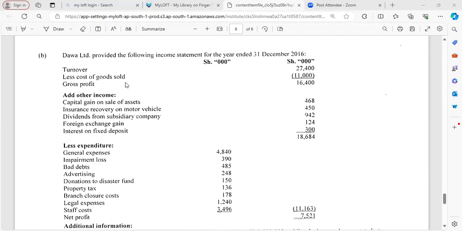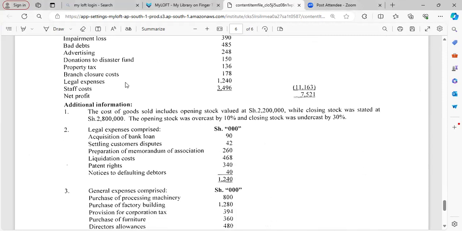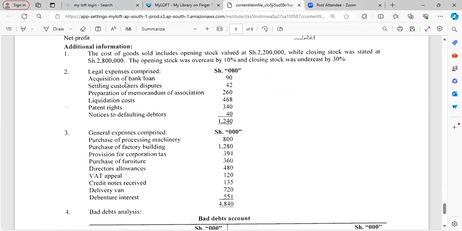Additional information. The cost of goods includes opening stock valued at shillings 2.2 million, while closing stock was stated at shillings 2.8 million. The opening stock was overcast by 10%, and the closing stock was undercast by that percent.